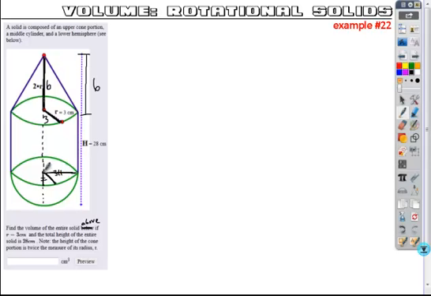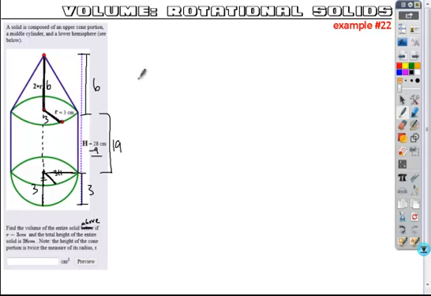So from the center to the edge of this hemisphere, anywhere on the edge is a distance of 3. So this distance from here to here will also be 3, for a total of 9 of that 28. That leaves for this middle portion, the cylinder, 19.